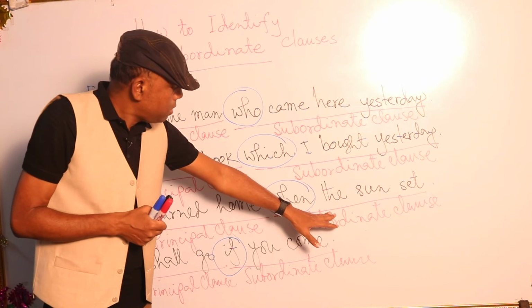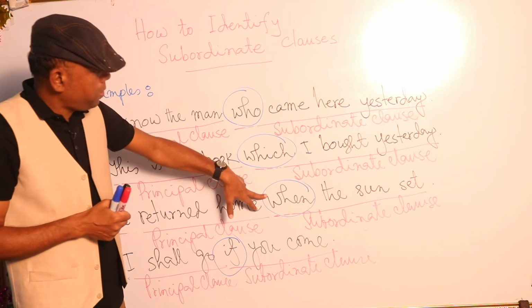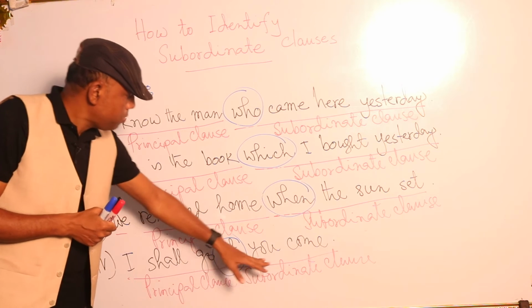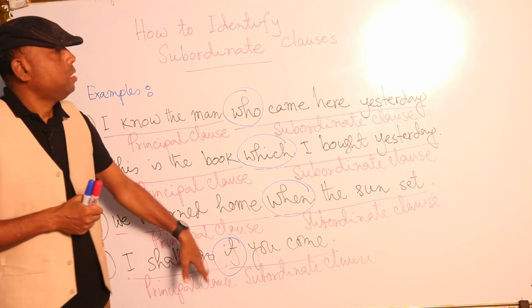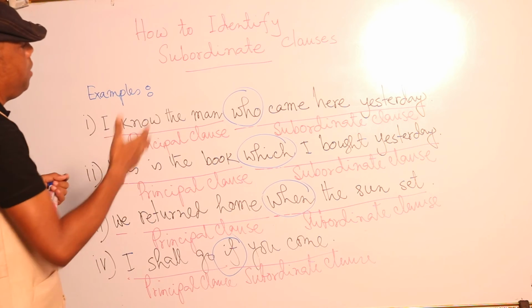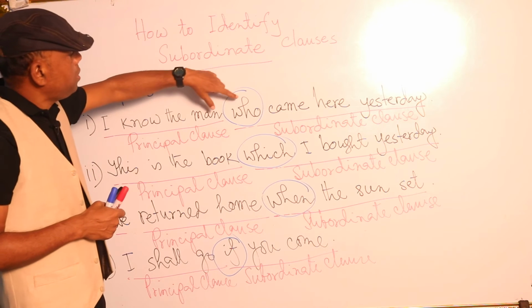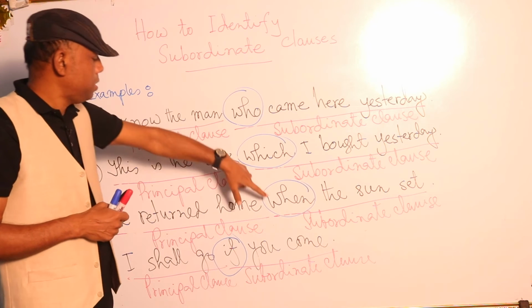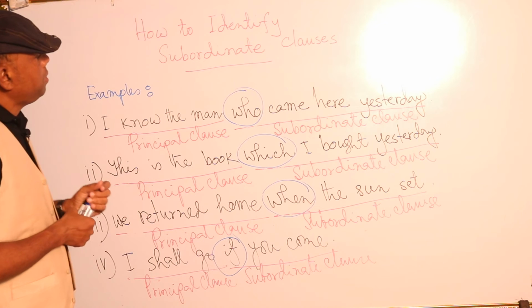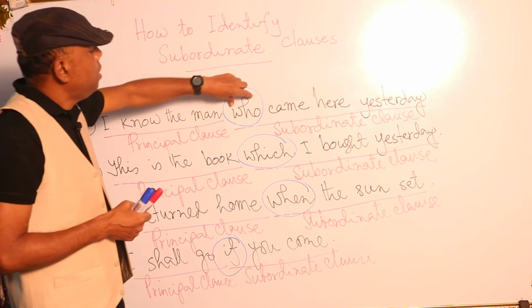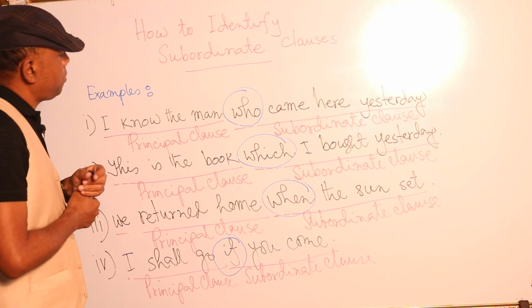This subordinate clause begins with this subordinating conjunction. So, every subordinate clause begins with a subordinating conjunction. By seeing the subordinating conjunction, we can identify the subordinate clause.